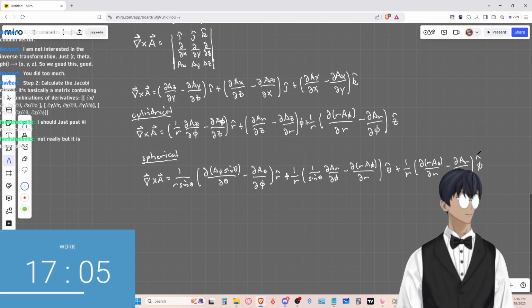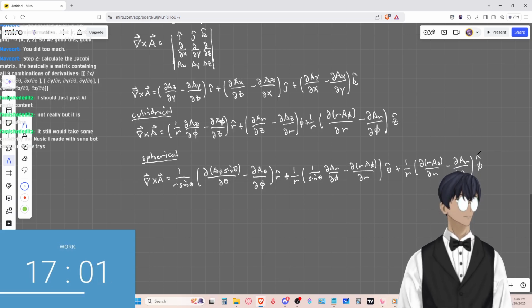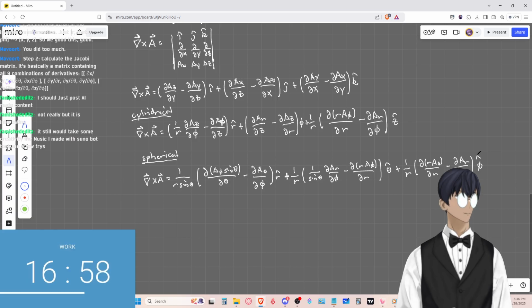Okay, I'm trying to better understand what you just typed up, Mavort. So basically it's the derivatives from one coordinate system to another.